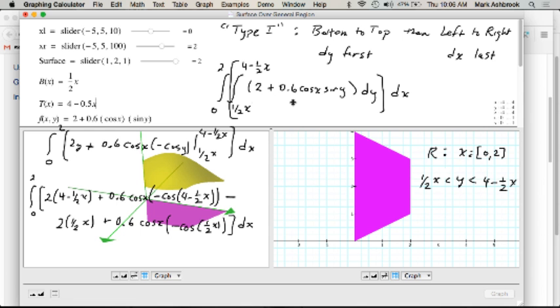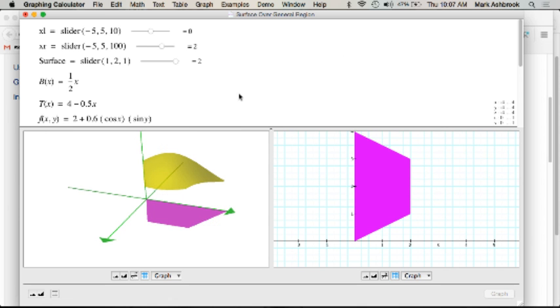Or actually, let's do an easier one together here. Okay, any questions on that example? So let's do, here's a good one.